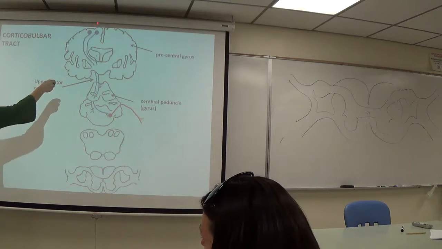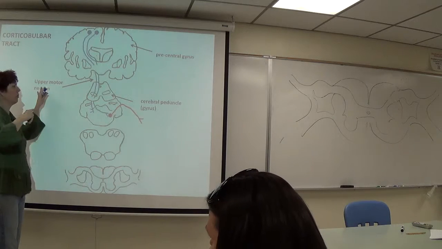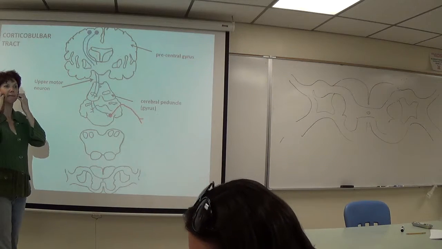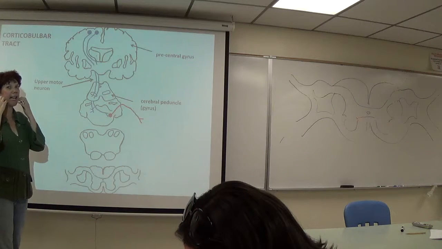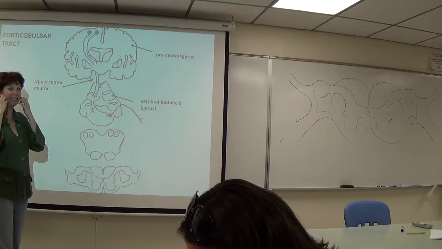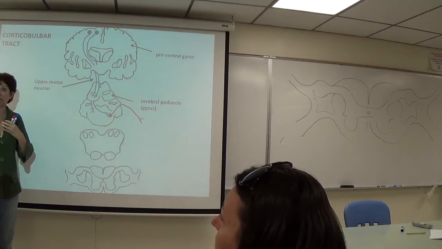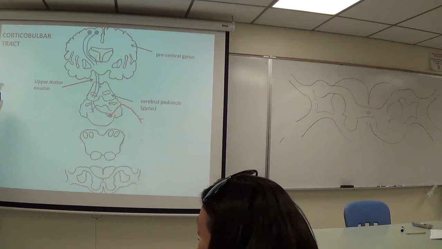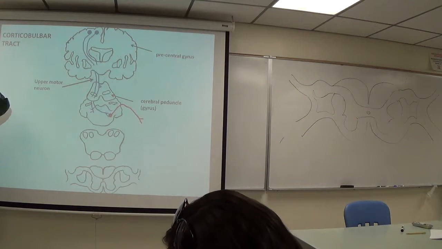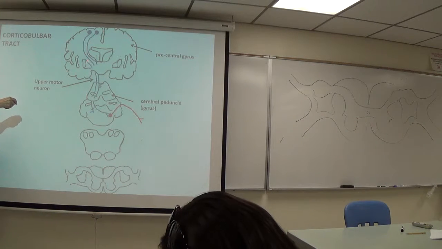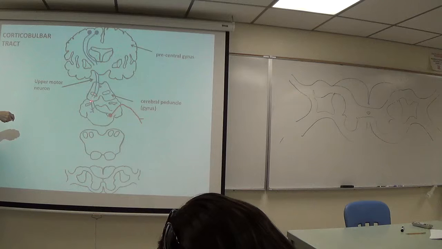But, so here's our upper motor neuron. Let's say trigeminal is for chewing, right? Mastication, the dog chewing the bone. So if I decide I want to close my jaw, that's a skeletal muscle. So I'm going to activate the upper motor neuron in my precentral gyrus. That's going to come down as a projection fiber to my pons.